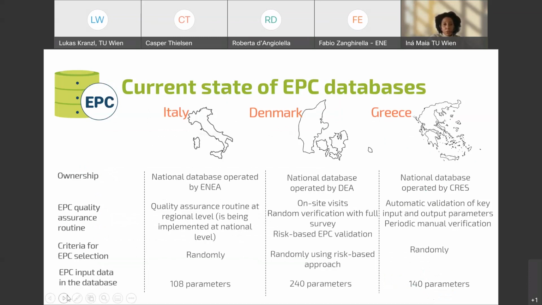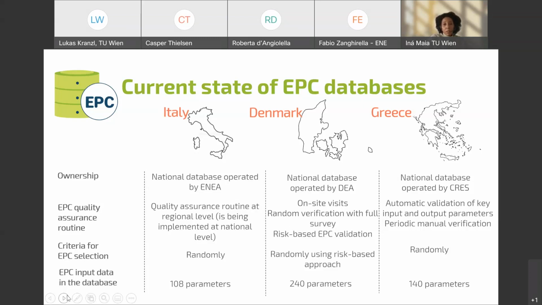There is a project report on that. I'm just summarizing in this table some of the aspects that we compared between the countries. We looked at the ownership of the database, the EPC quality assurance routine, some criteria for EPC selection, and also the EPC input data in the database.